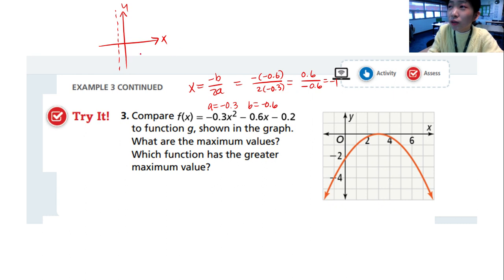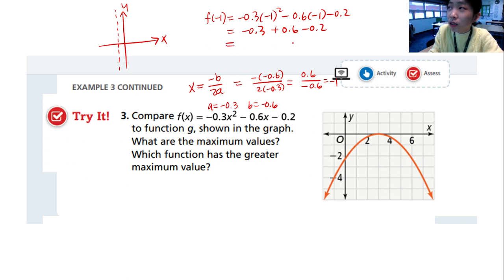And your vertex will lie there too. So let's figure out the value of y of the vertex. f of negative 1 is equal to negative 0.3 times negative 1 squared minus 0.6 times negative 1 minus 0.2, and that's going to be negative 0.3 plus 0.6 minus 0.2.